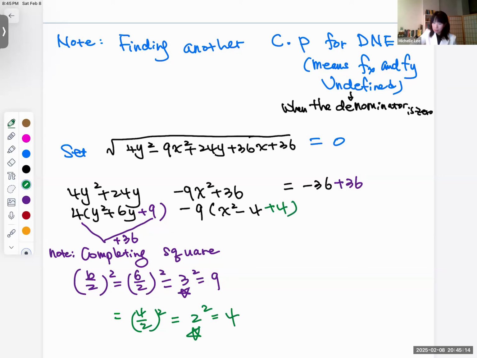Okay, look. Negative 9 times positive 4 is negative 36. So we have to make a negative 36 on the other side because we created negative 36 here, right?